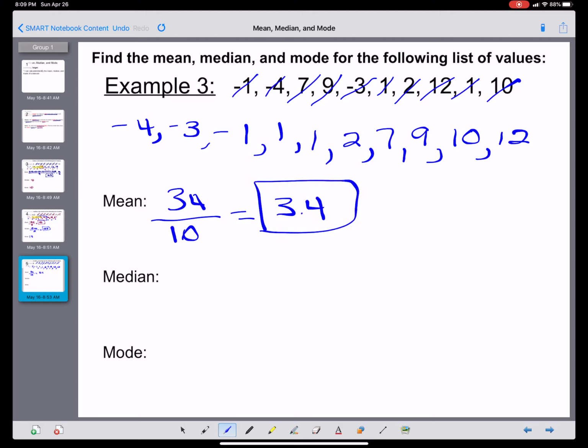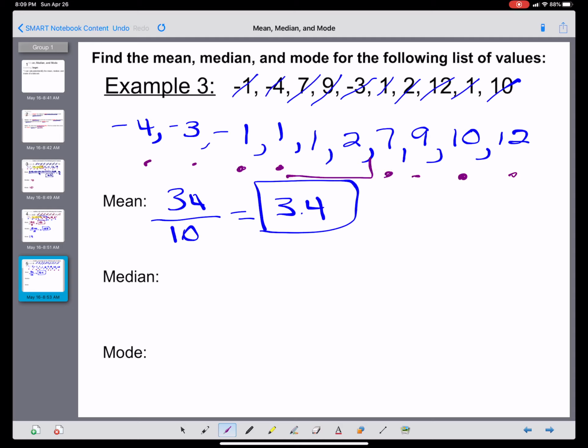That is my mean. My median is going to be that middle number. Remember, I have an even number, so I'm going to have to take the average of the two numbers that are left behind. And again, I just keep going. I take one from the left and then another from the right. One from the left, another from the right.